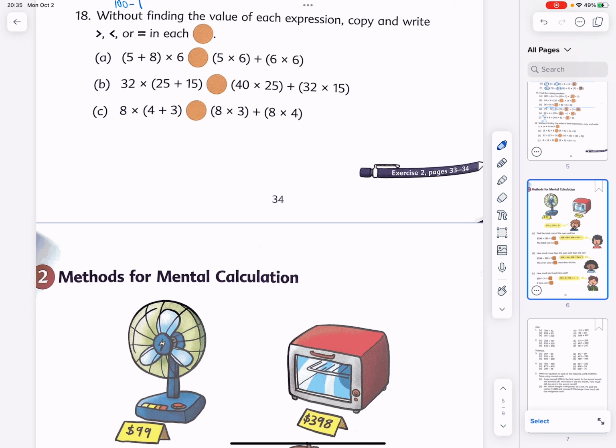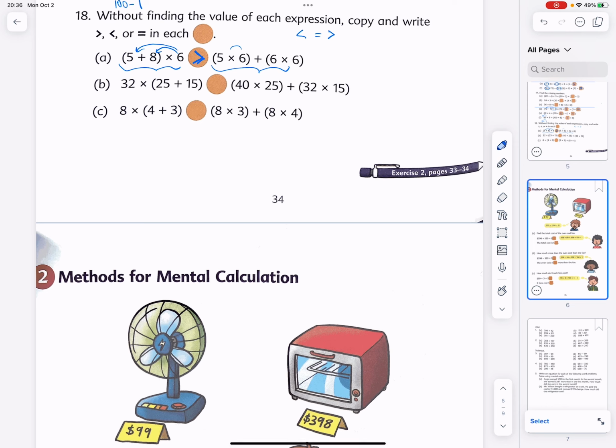We have something on the left and we need to compare it with something on the right using the less than, greater than, or equal symbols of mathematics. Well, here we have 6 times 5 and 6 times 6. Of course, we have more 6's on the left.